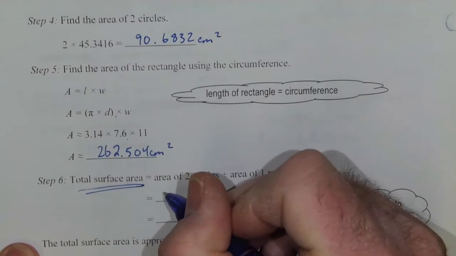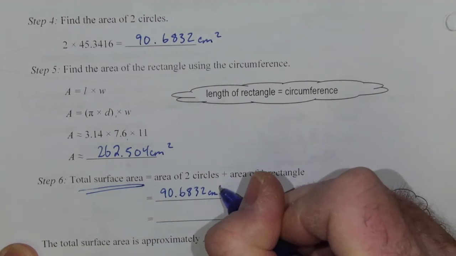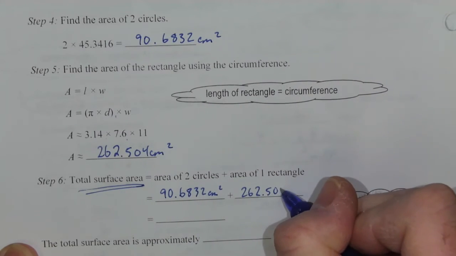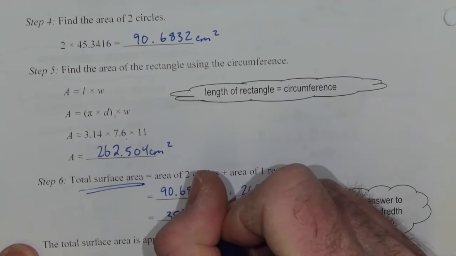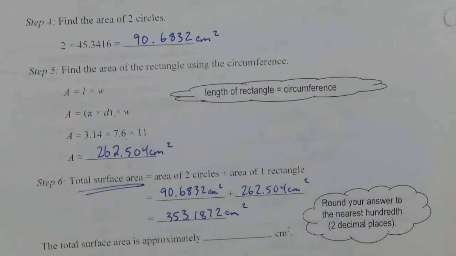So circles, 90.6832 centimeters squared, plus the rectangle is 262.504 centimeters squared. So add those together, and we get a total of 353.1872 centimeters squared.